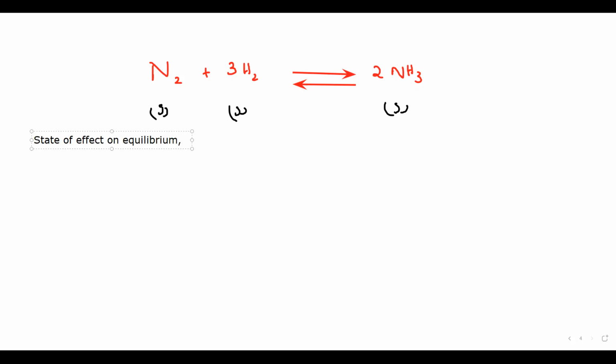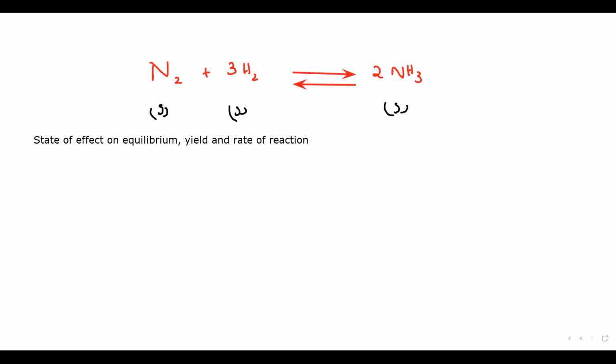Yield means amount of the product. So we have to state the effect on equilibrium, the shifting of equilibrium, the yield, the amount of a product, and the rate of the reaction.